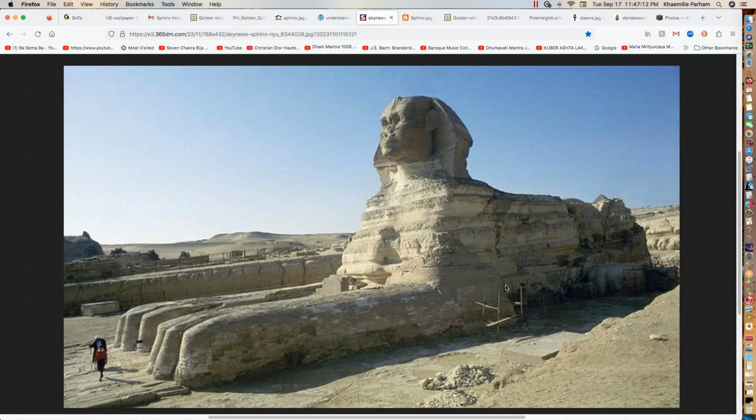If you take the length of the Sphinx, let's go back to that image. If you take the length of the lower blue line, okay, that would be in meters, 73 meters. If you take the width of this rump portion, this line here, this vertical here, it would be 19 meters.